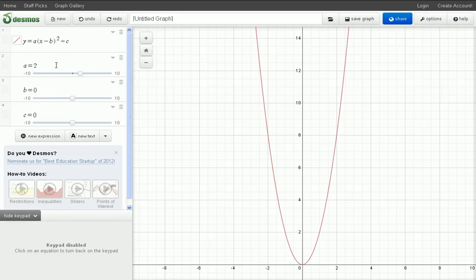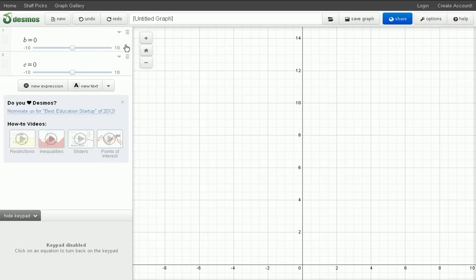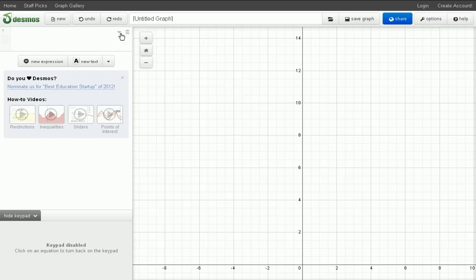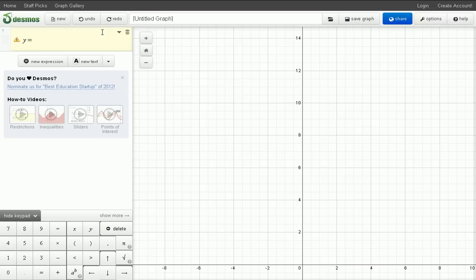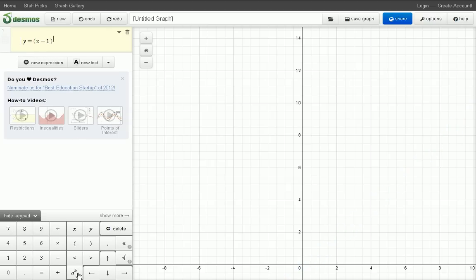So what I'm going to do is just to compare a couple graphs, I'm going to take the slider off for a second just so that we can compare a couple of graphs where we don't have to move these things. And I'm going to put in, say, y equals (x minus 1) squared plus 1.